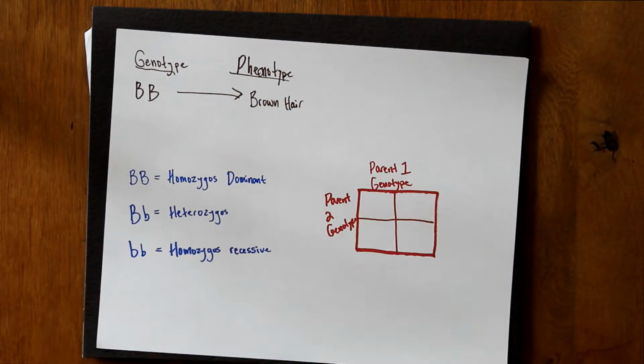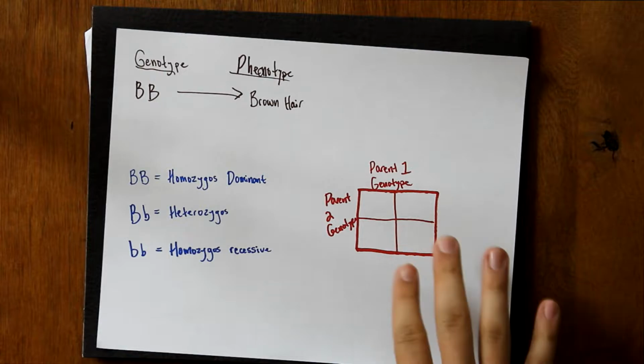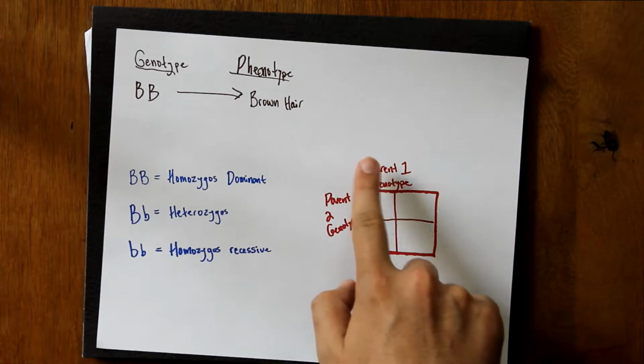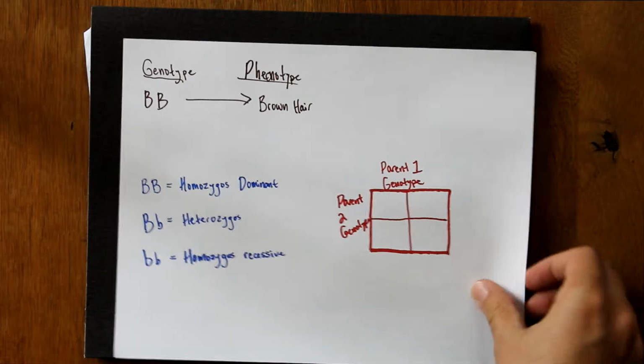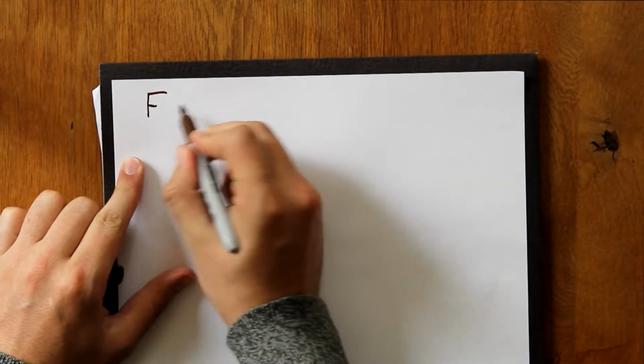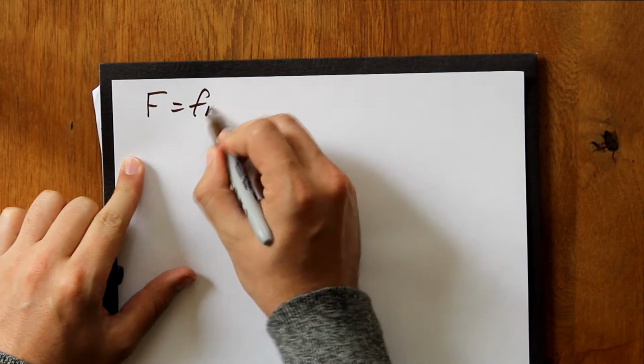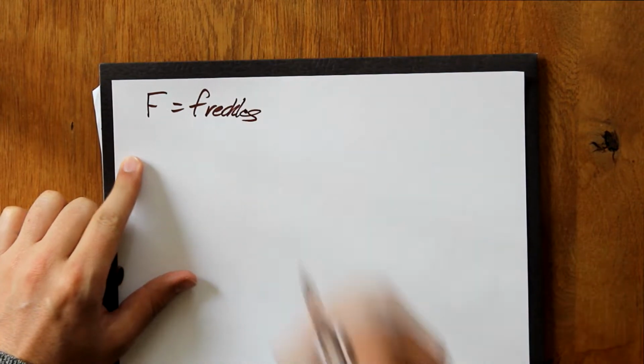And then the way we arrange these things is what we call Mendelian genetics. Remember Mendel, that guy who bred pea plants and was the first one to figure out that we do these crosses. You set up what's called a Punnett square here, with parent 1's genotype up here and parent 2 along this side. Let's look at some examples. So let's change it up. Let's say capital F means you get freckles.